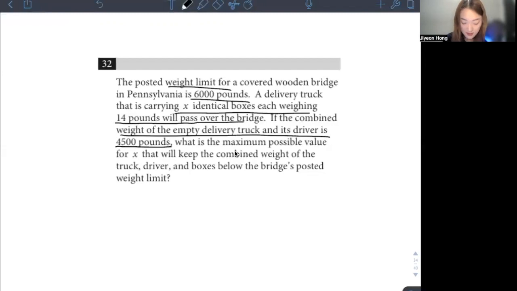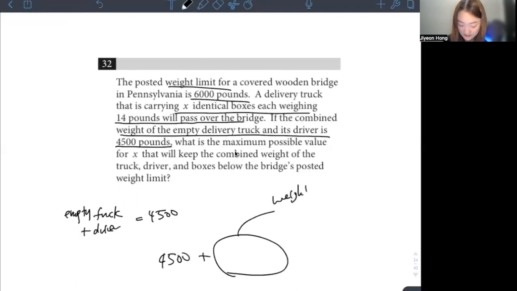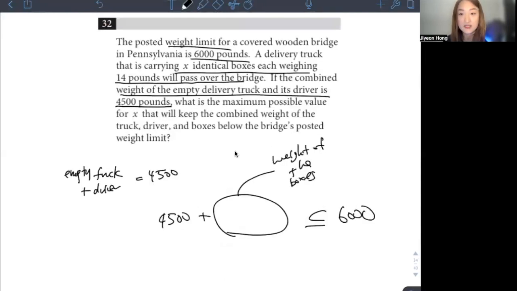So it might seem complicated, but basically we know the weight of the empty truck and the driver is equal to 4,500. So the truck and the driver plus the weight of the boxes needs to be less than or equal to 6,000. As long as you understand that the weight of the boxes is 14 pounds times a number, which is x, this is a simple inequality question.